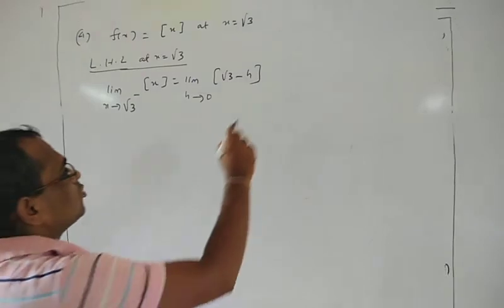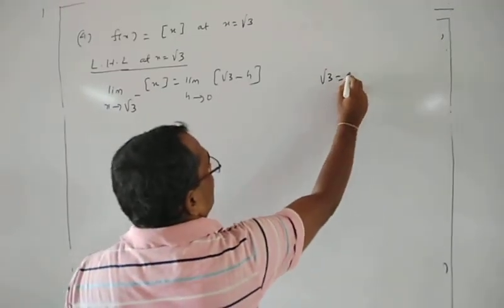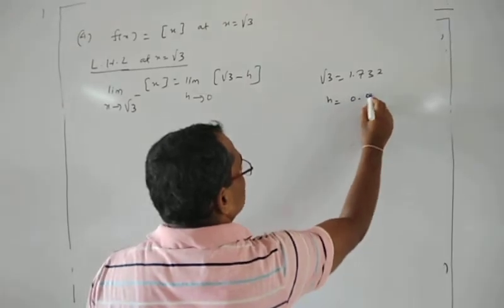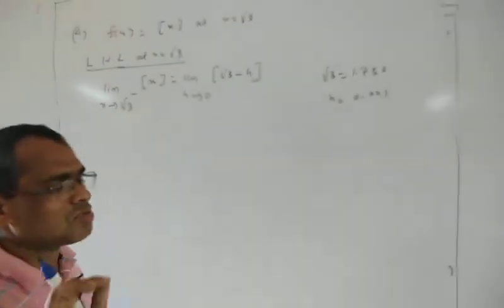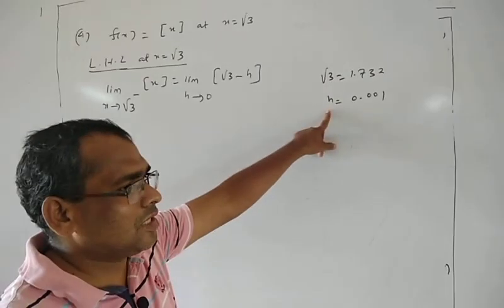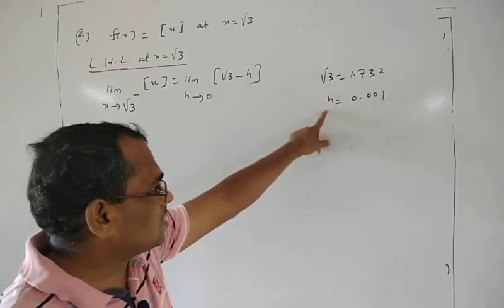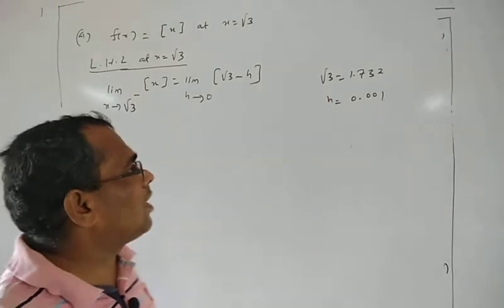So √3 means 1.732. But h means 0.001. We take this as a very small number. h is a very small positive number. So for calculation, suppose we take h as 0.001.